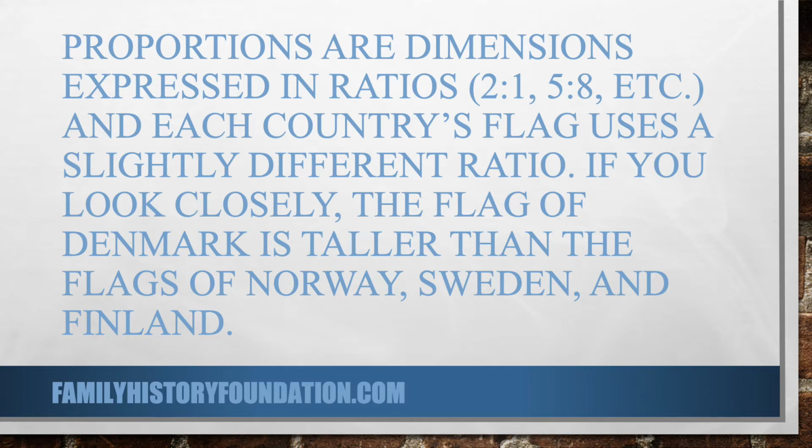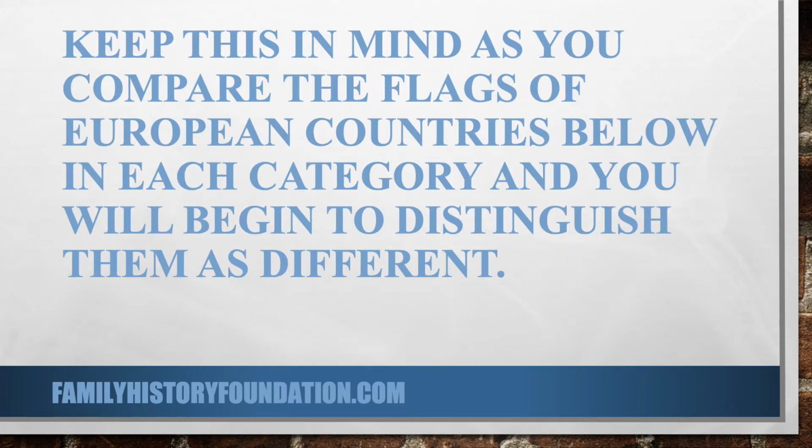Proportions are dimensions, expressed in ratios, 2:1, 5:8, etc. And each country's flag uses a slightly different ratio. If you look closely, the flag of Denmark is taller than the flags of Norway, Sweden, and Finland, which we'll be showing you in a slide coming up in just a second. So keep this in mind as you compare the flags of European countries below in each category, and you will begin to distinguish them as different.